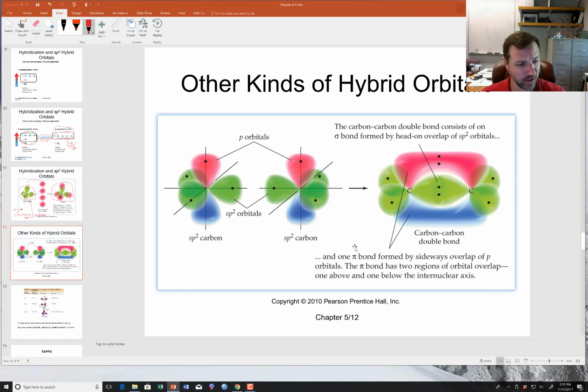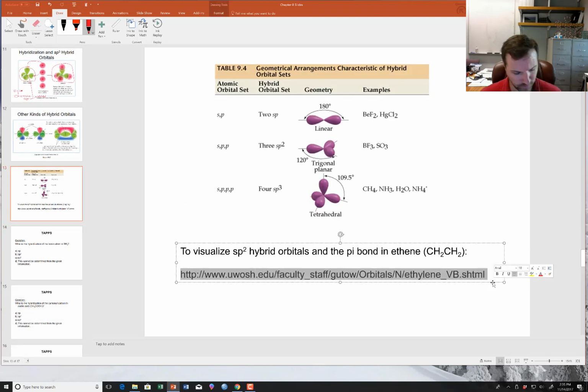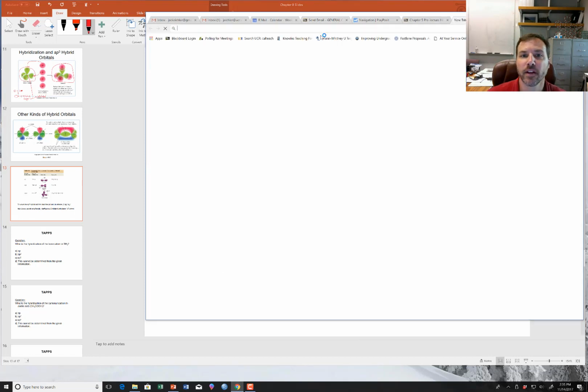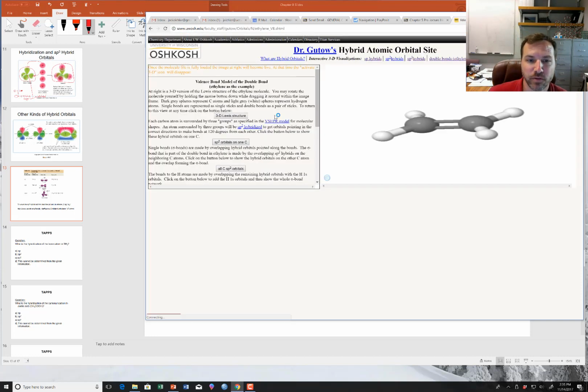As we mentioned in class, we can also have sp2, and this is where I showed you the visualization program, so you can copy that link and we can go view the visualizer.